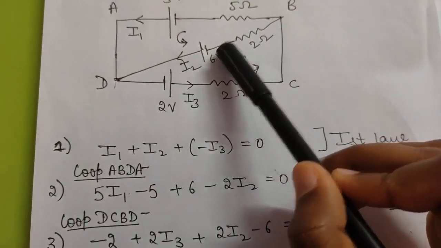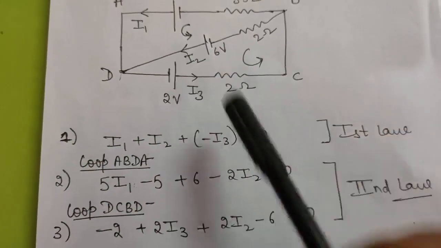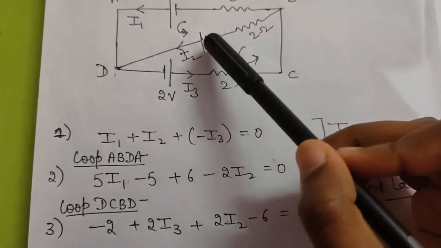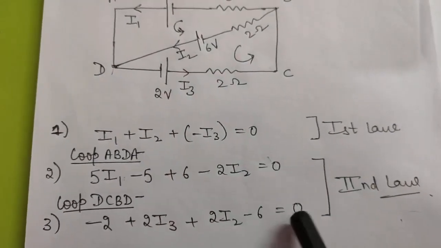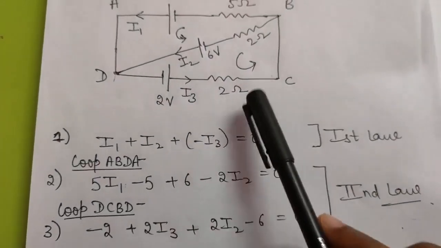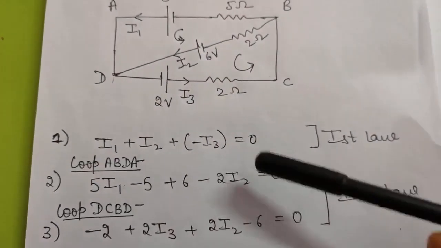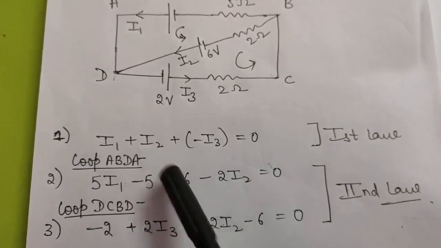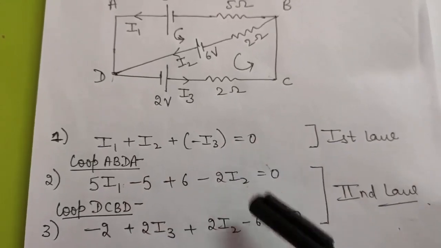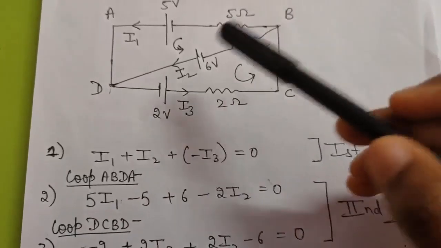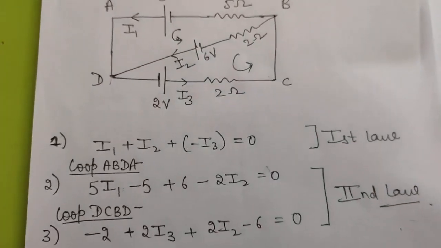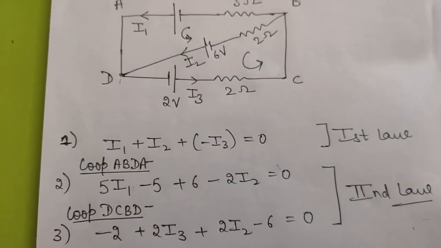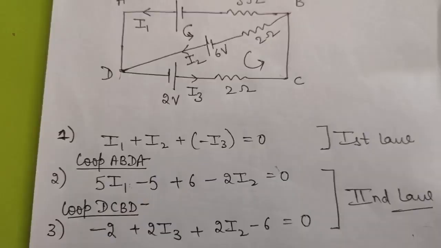Again I am traveling in the same direction of current, plus 2I2. The negative terminal is coming first, -6, equals 0. So this is how I have written 3 equations and I have 3 variables I1, I2, I3. Solving them, we can easily find the value of current flowing in all 3 branches of this circuit.